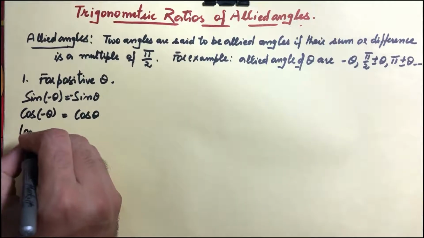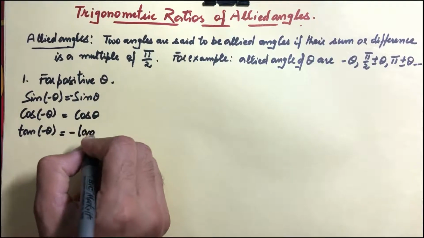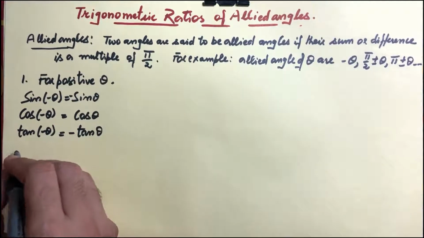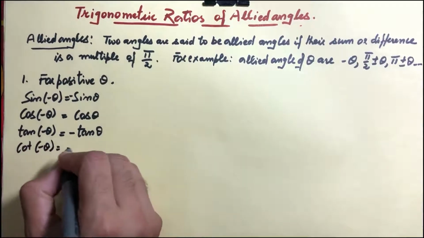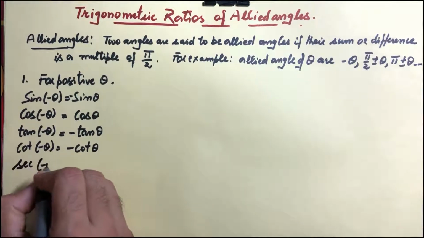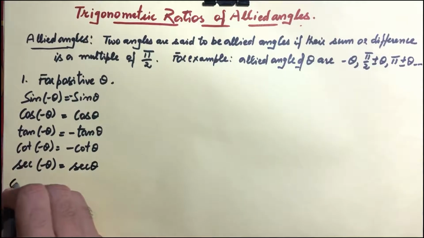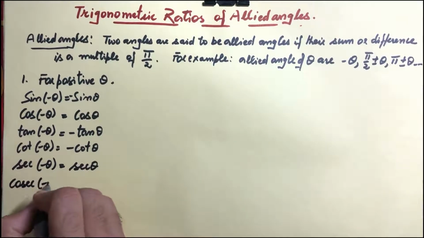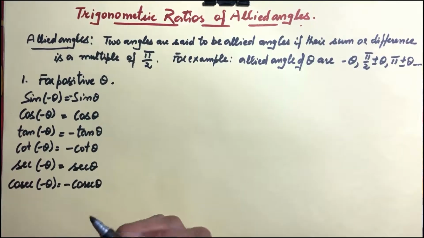Tan of minus theta is minus tan theta, and also cot of minus theta is minus cot of theta. Secant of minus theta is secant theta. Cosecant of minus theta is minus cosecant of theta.